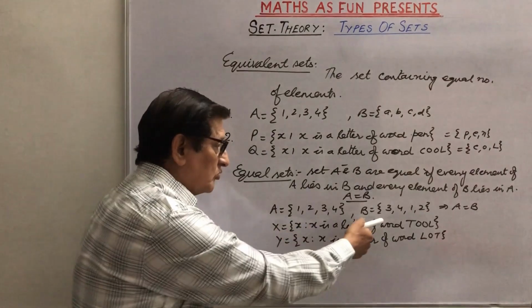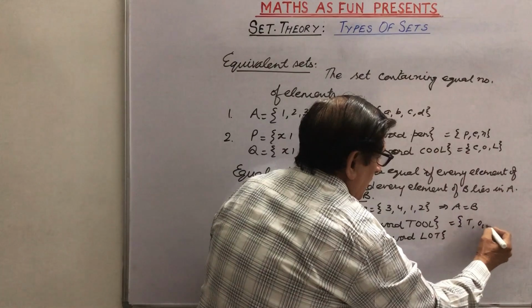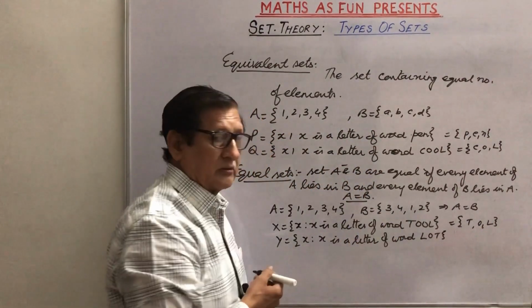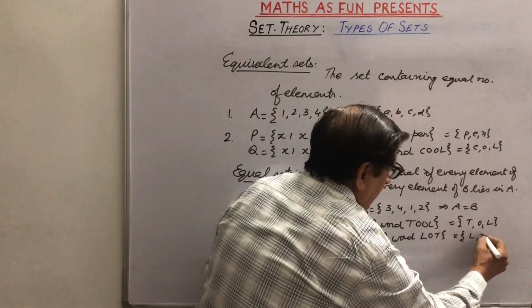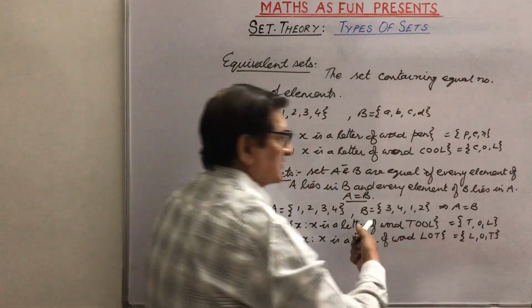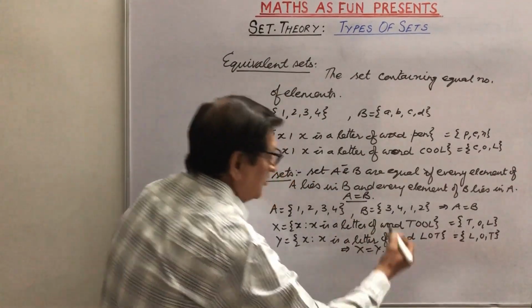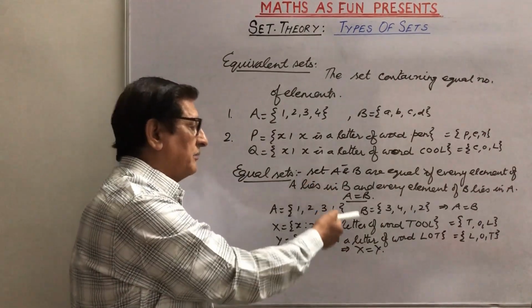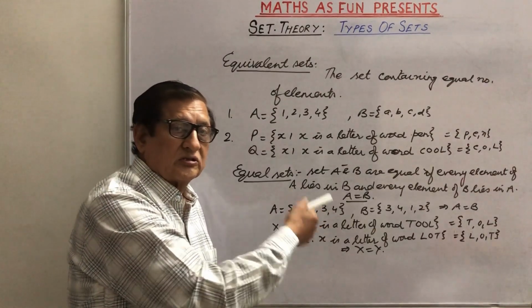When we write this in roster form, we are finding the elements in this are T, O and L because the element O cannot be repeated. In this also we are finding the same, that is L, O, T. Elements are same, and that's why we say X is equal to Y. Then we can say that the elements are same and number of elements are also equal, therefore the sets are equal.